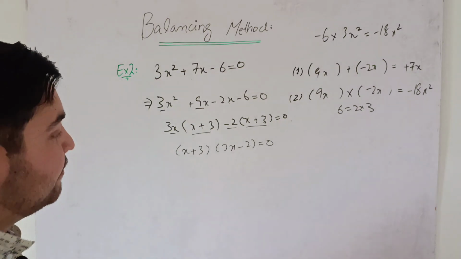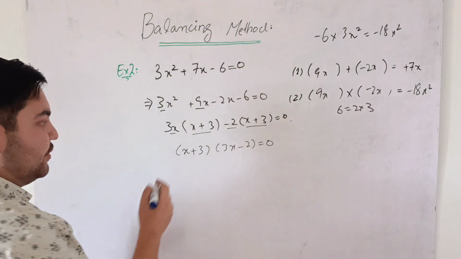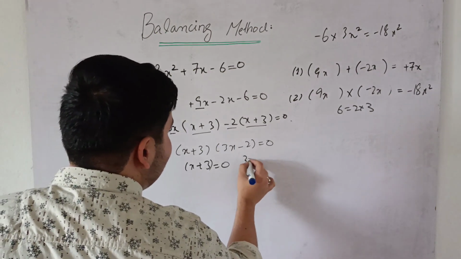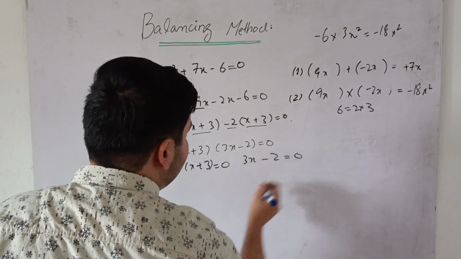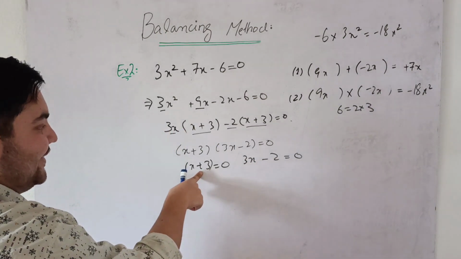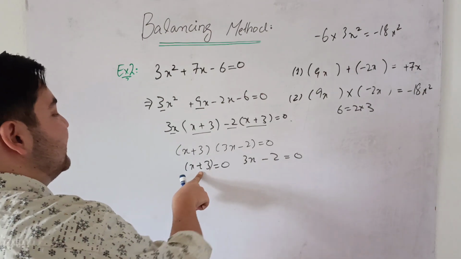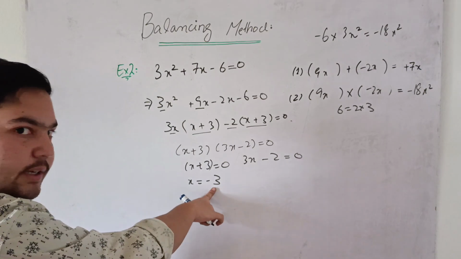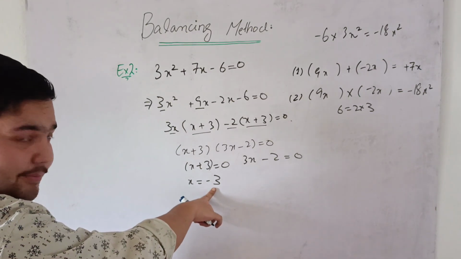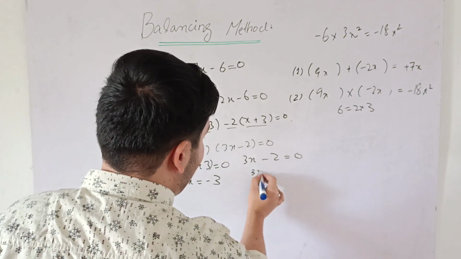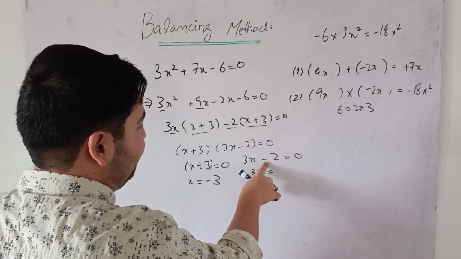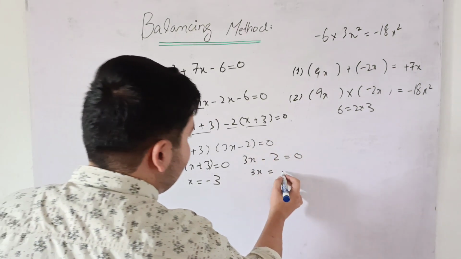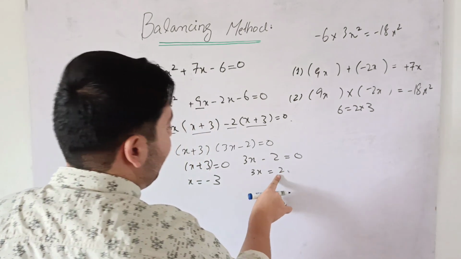Two factors means we have two roots, x plus 3 is equal to 0 and 3x minus 2 is equal to 0. If we shift plus 3 from the left hand side to the right hand side, it becomes negative, so the first root is x is equal to minus 3. In 3x minus 2 is equal to 0, if we shift minus 2 to the right hand side, it becomes plus 2.